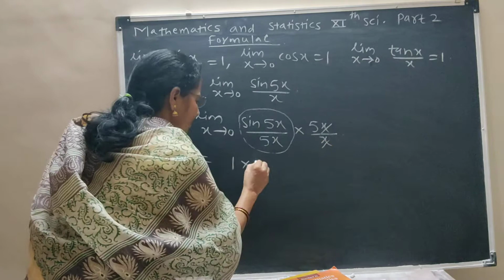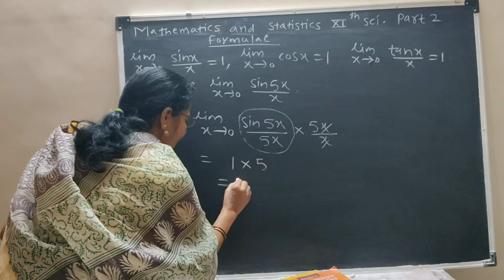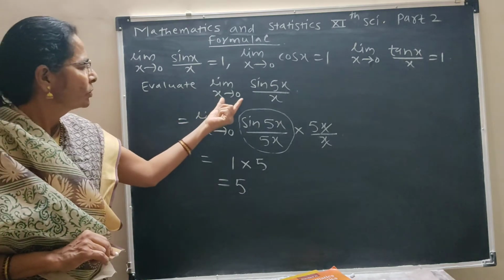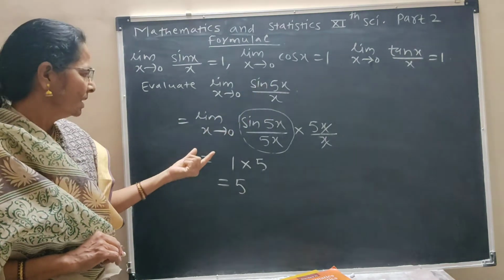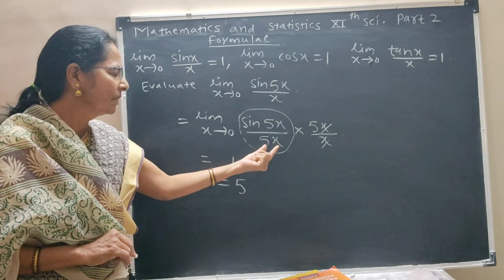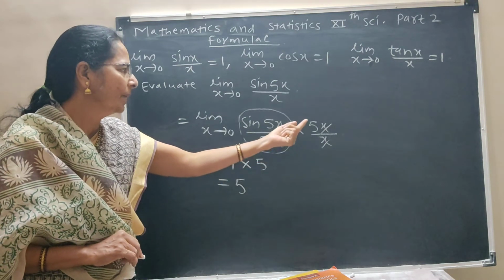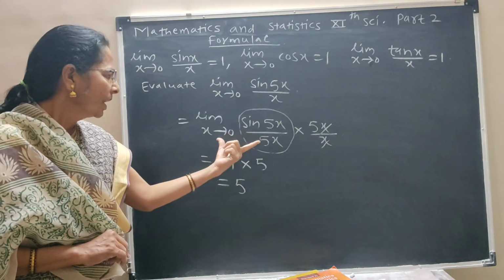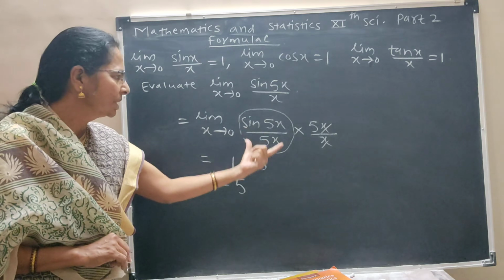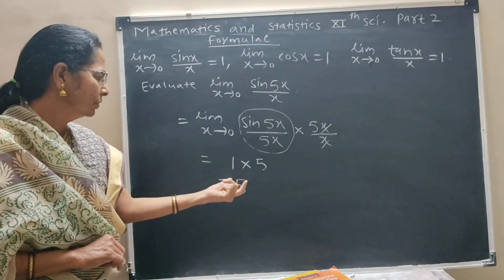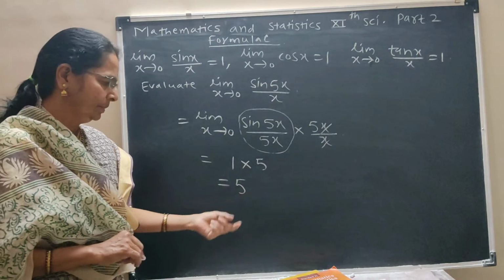The x gets cancelled, here is 5, and the final answer is 5. At this limit, the value of this term is 1, there is a product of 5, so the answer is 5.